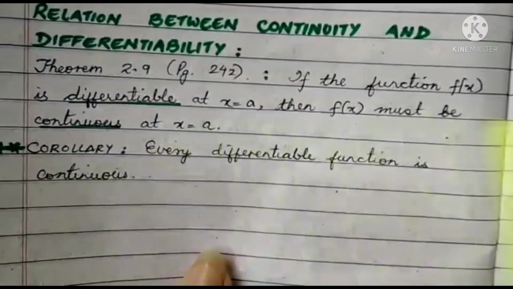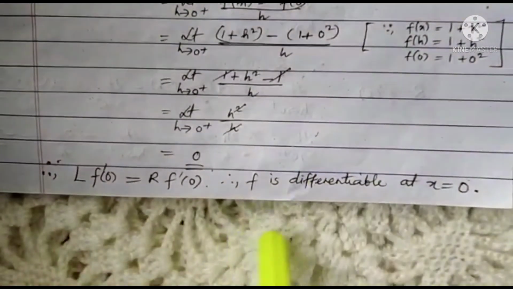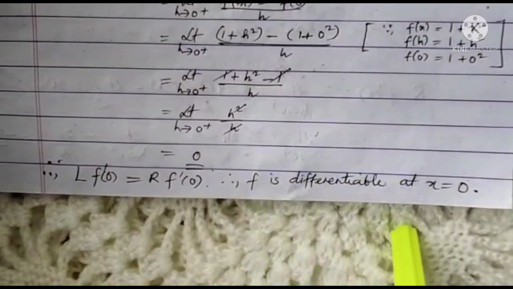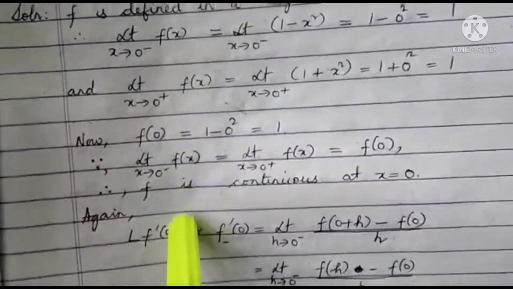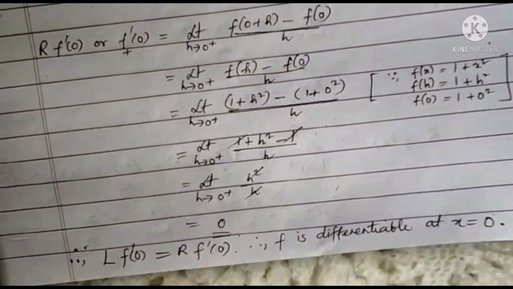So I can say that yes, the function is also continuous. Correct? Since the function is differentiable, therefore it implies that the function is also continuous. So no need to find this continuity. No need to calculate this process. It automatically follows from here that the function is also continuous. So this also you can do.